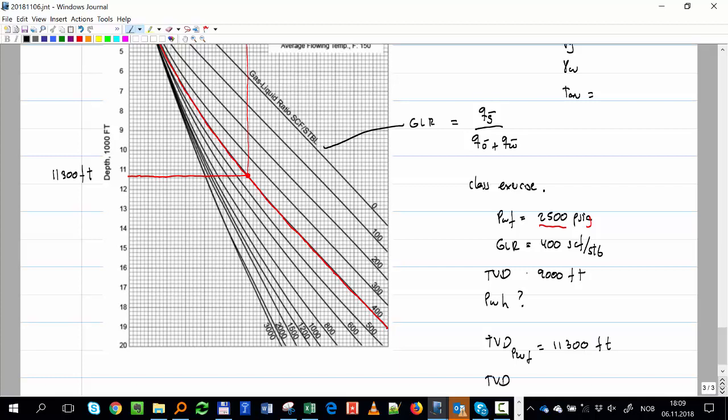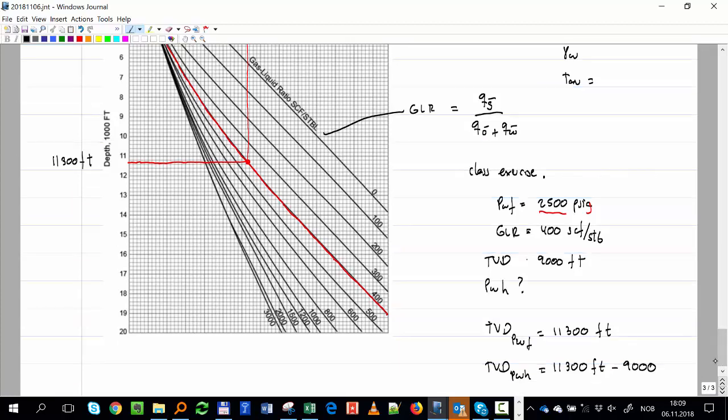And the TVD of the wellhead pressure is 11,300 feet minus 9,000 feet. I subtract, and I get 2,300 feet.